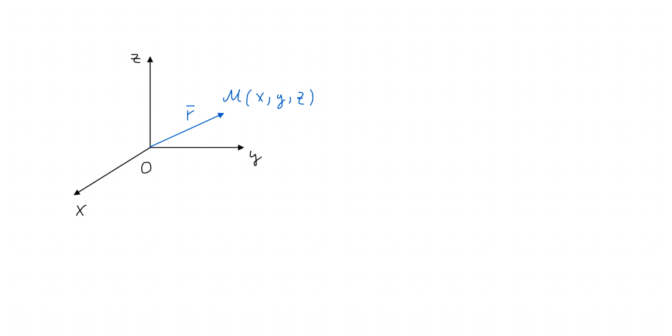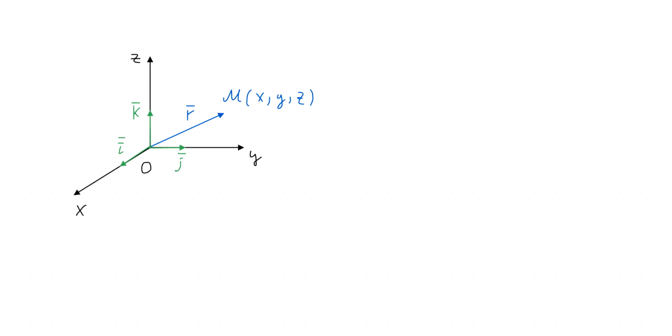But to connect them, we have to define orths of coordinate axes. Orths are vectors that have length equal to 1, and they can be signed as i, j, k. As you can see, they have the same directions as the coordinate axes, and their lengths are equal to 1.